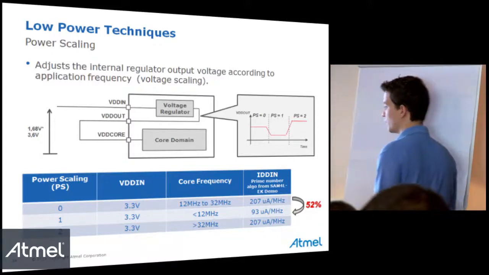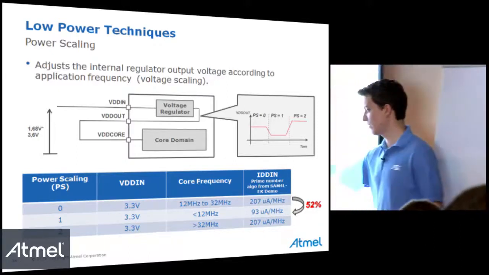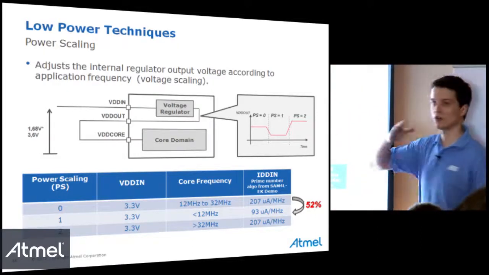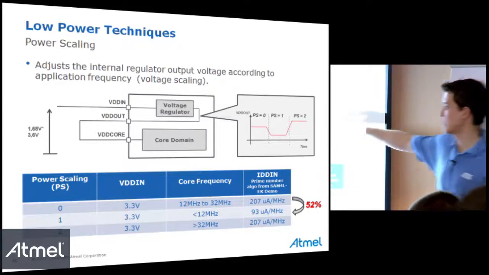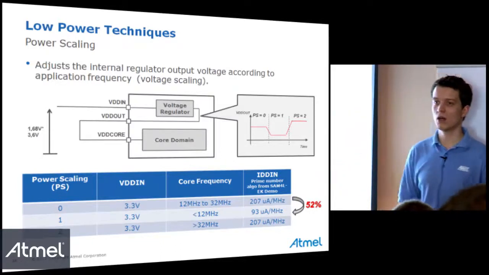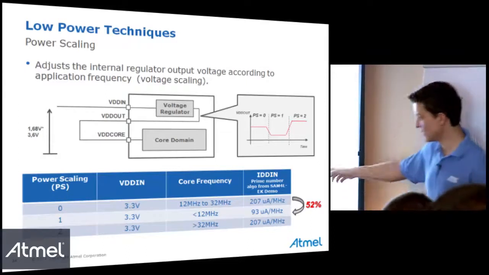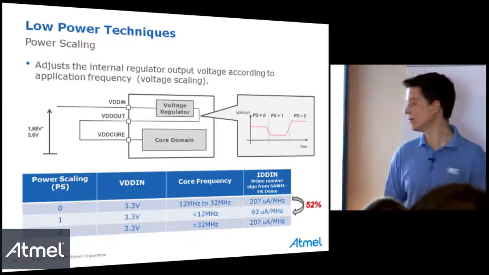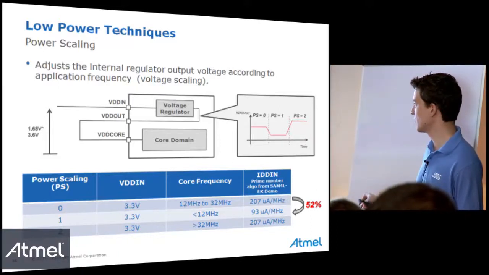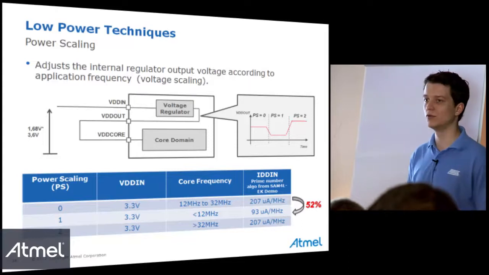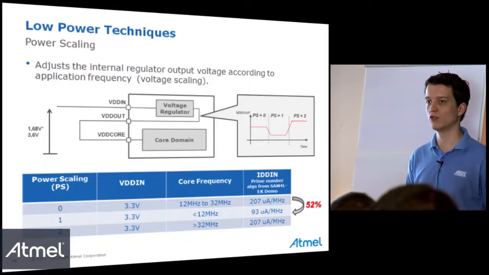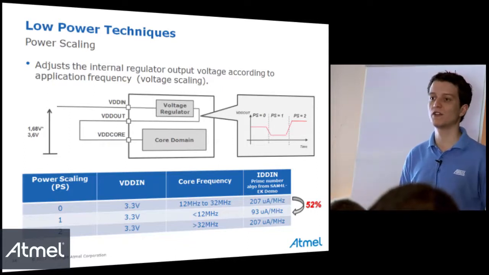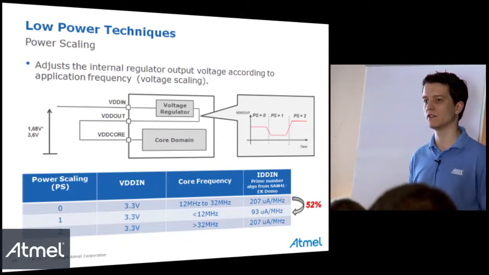If you are in the range of 12 megahertz to 32 megahertz, you can be in a middle range voltage, so you can stay at power scaling equal 0 and you will be able to run. Then, if you are running above 32 megahertz, you need to be in power scaling mode 2, in order to be able to run even in the worst case in terms of temperature and everything at full speed.